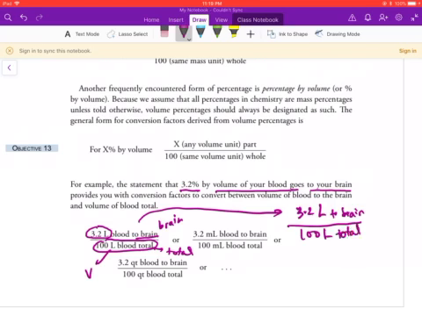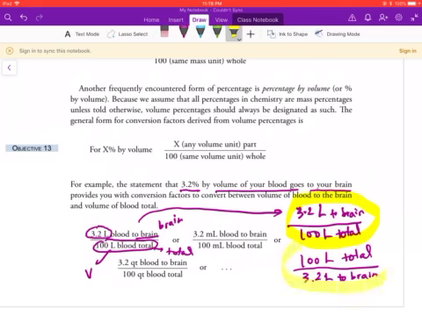Or you could even set it up the other way: 100 liters total over 3.2 liters to brain. In this way, you will have 2 conversion factors. Depending on what you're given and what you're asked, you can use percentages to do conversions. Okay, so keep that in mind.